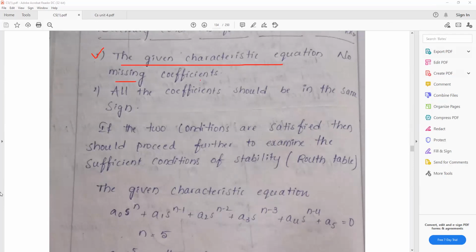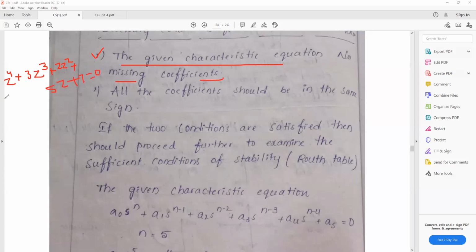For example, in the given transfer function s power 4 plus 3s cube plus 2s square plus 5s plus 7 is equal to 0.